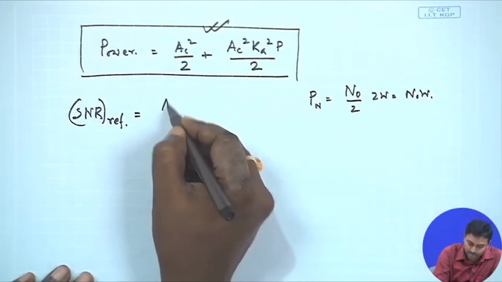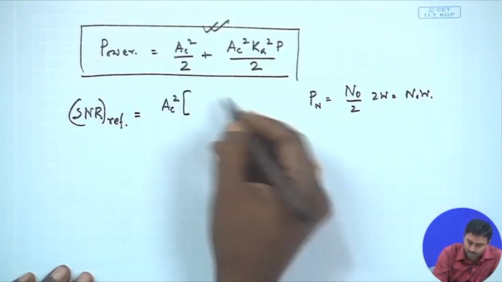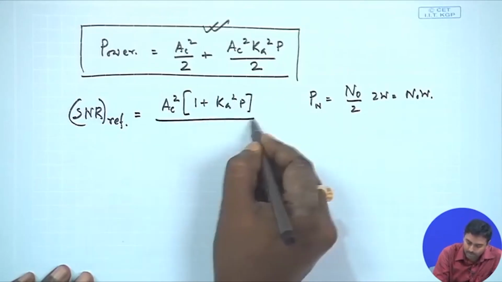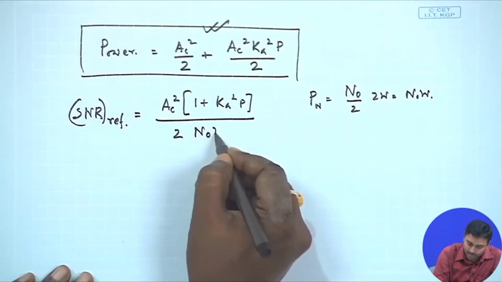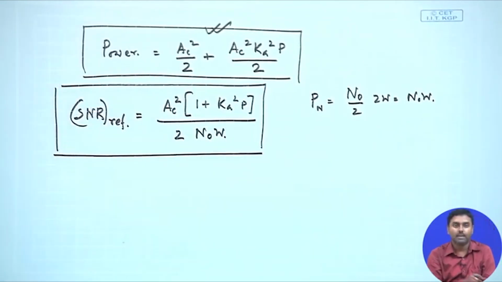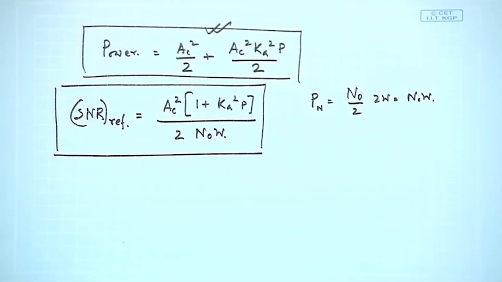So, it must be Ac square, that gets common, times 1 plus Ka square P divided by 2, over N0 W, right. So, that is the reference SNR that we get.